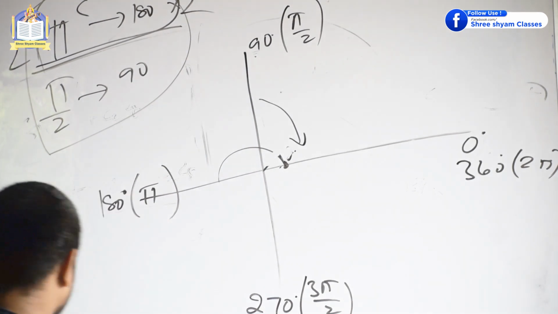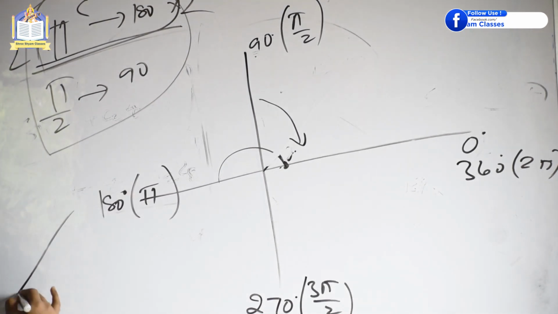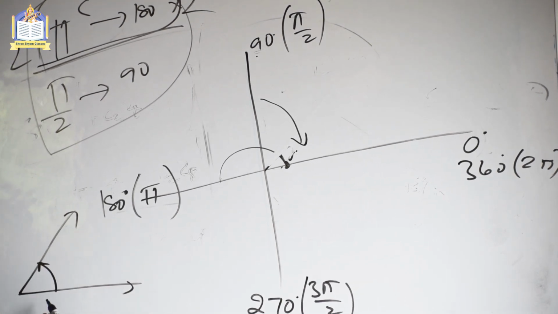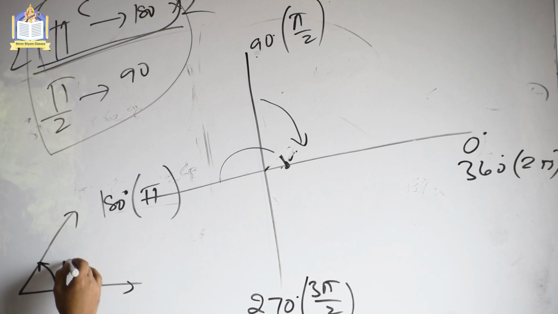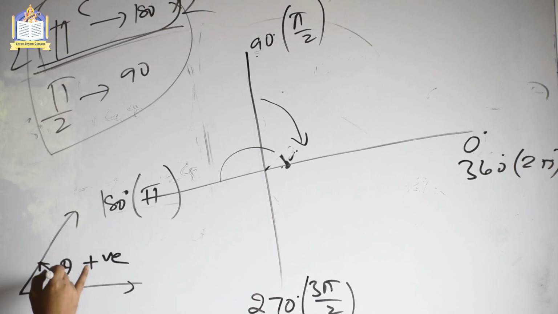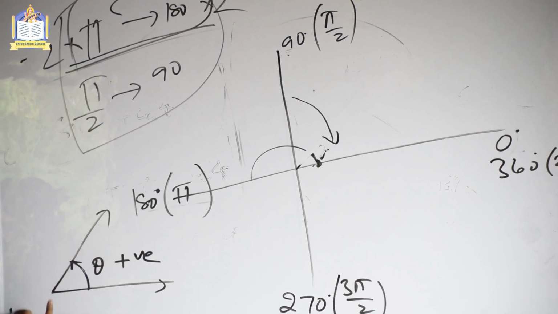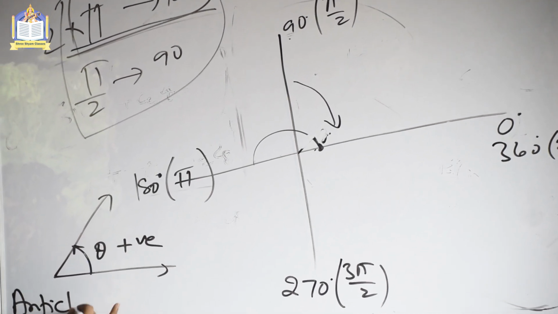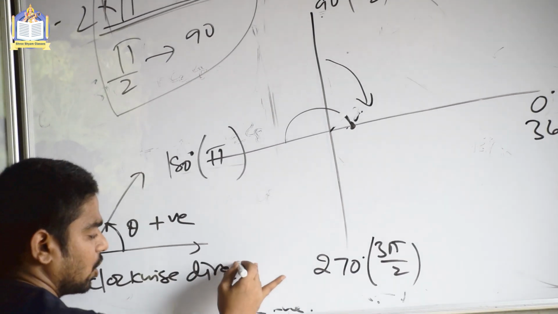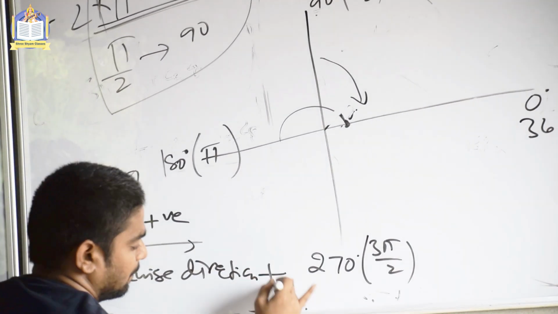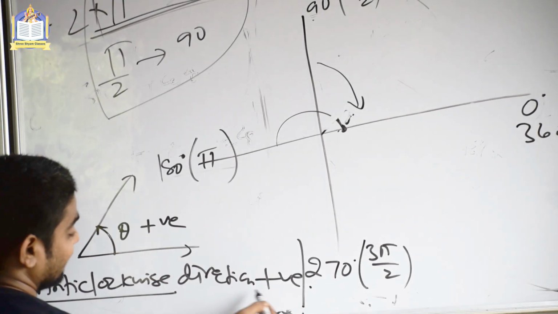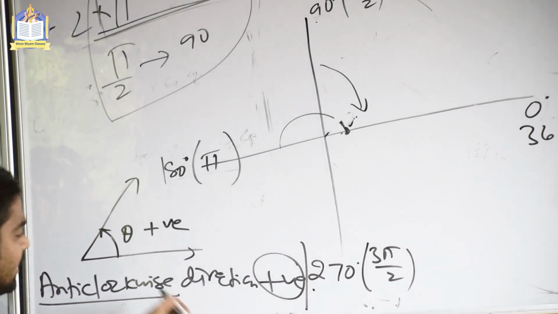In the anti-clockwise direction, the angle is considered to be positive. This is anti-clockwise, right? So in the anti-clockwise direction, theta is positive.